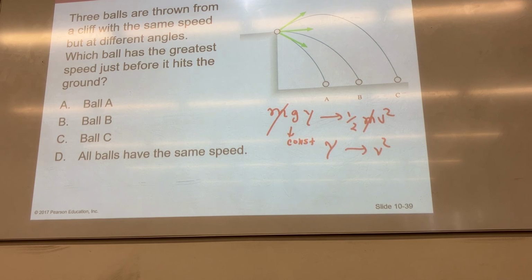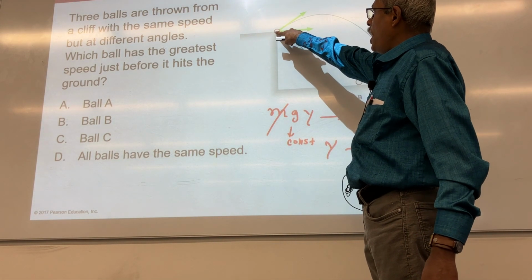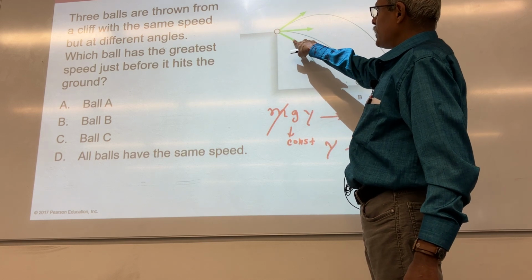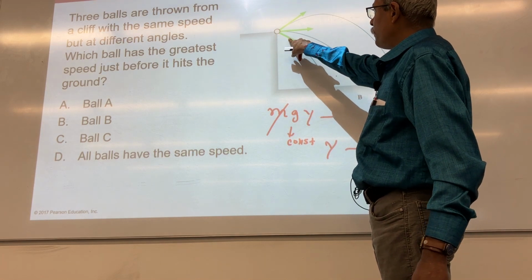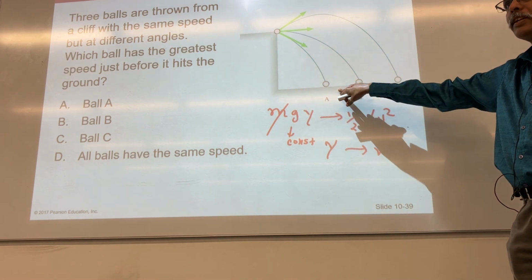Why is ball A not the answer? The simple reason is that even with this angle, we are not looking at the range.